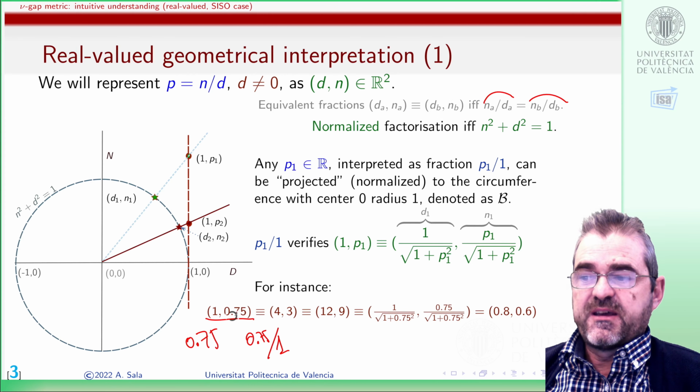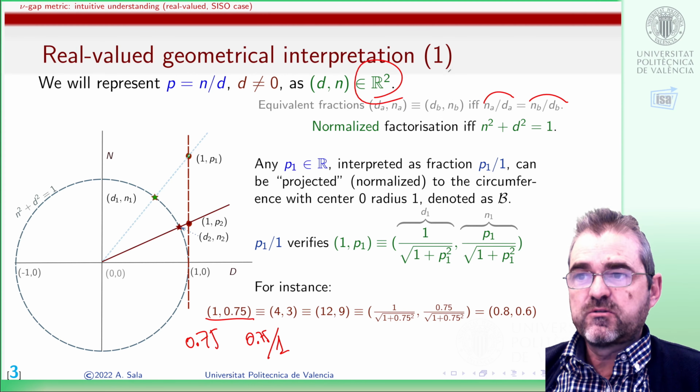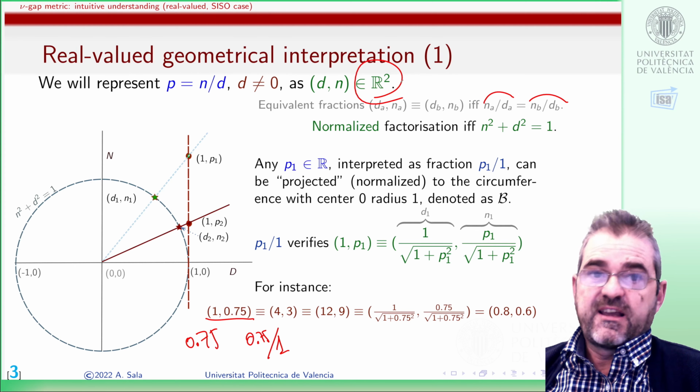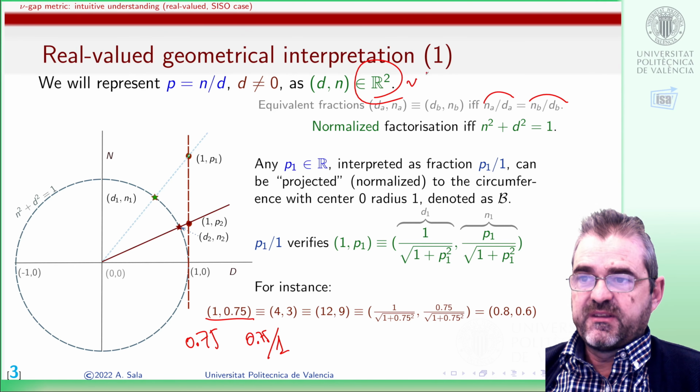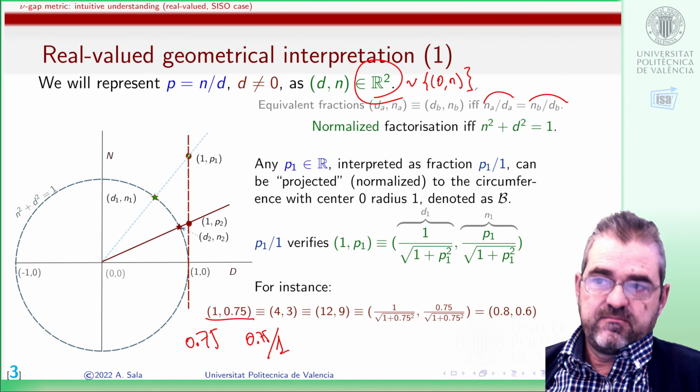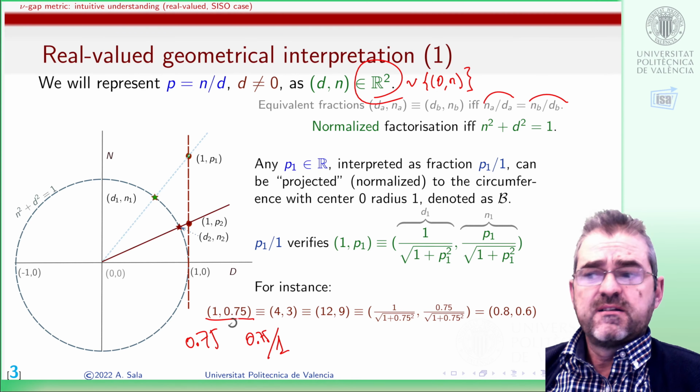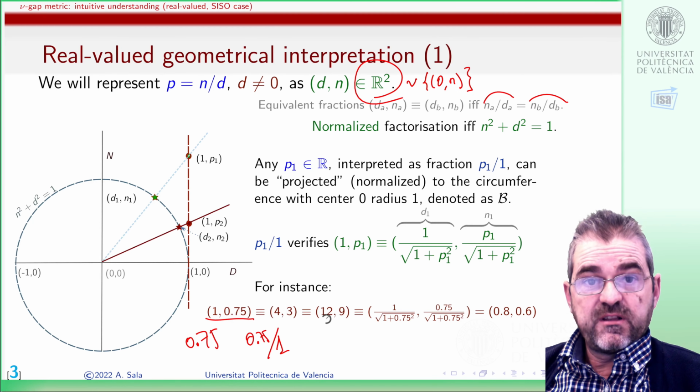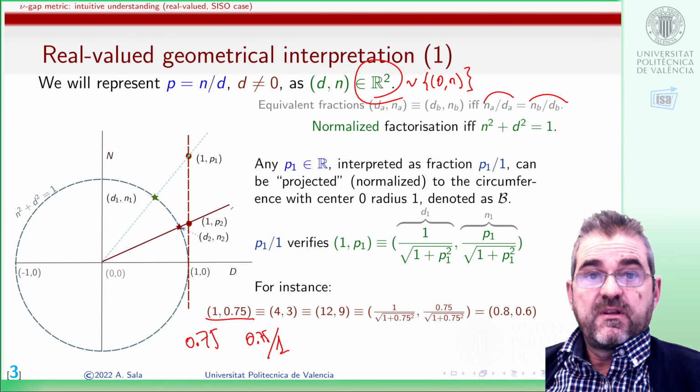So this pair of numbers in R2, well, actually R2 excepting 0, the thing is that 0.75, which is this fraction, is of course equivalent to 3 divided by 4, or 9 divided by 12, or anything in this line.